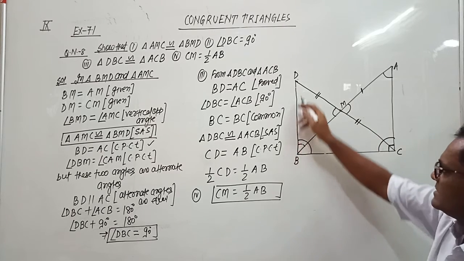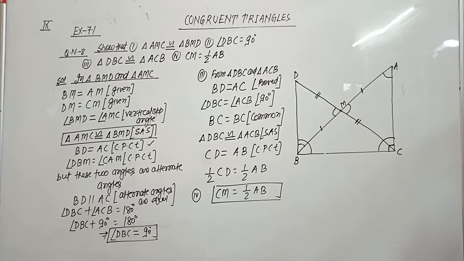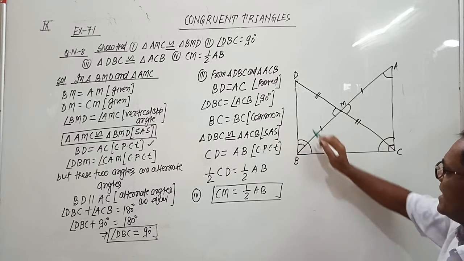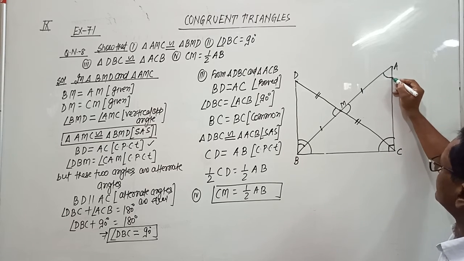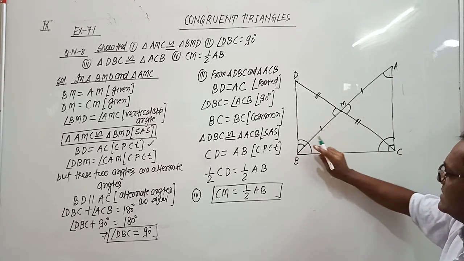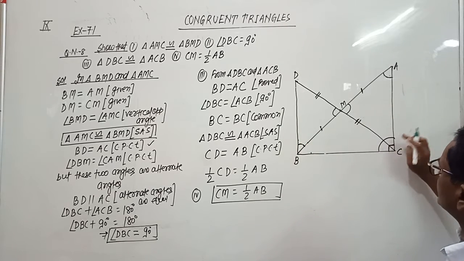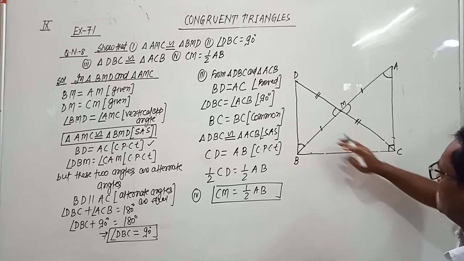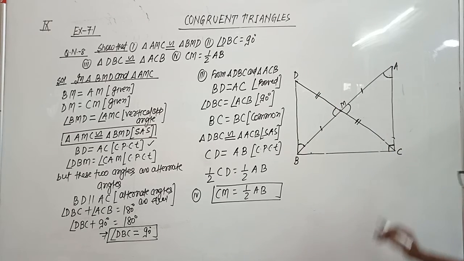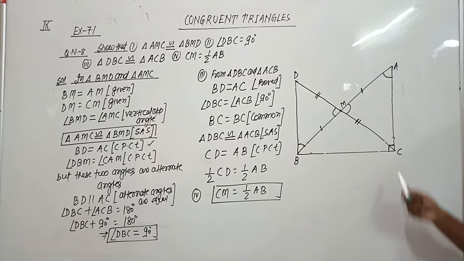Then we can write that side BD equals AC by CPCT, and also by CPCT angle DBM equals angle CAM, and these two angles are alternate angles. If alternate angles are equal, it means these two lines are parallel. DB is parallel to AC. So we proved that DB is parallel to AC.